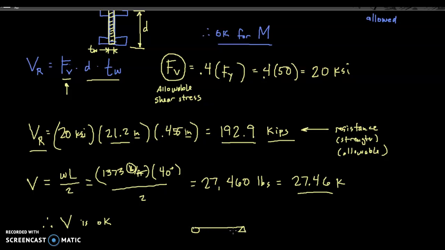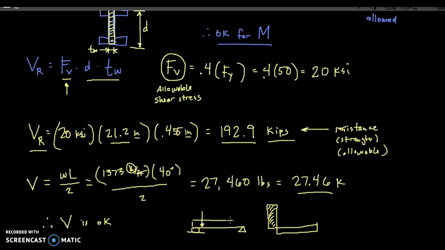So if I've got a simply supported beam here, and I had a real massive concentrated load right there, it's going to cause the shear diagram to really spike up really high and then go across like that. The shear diagram for that would look something like that.